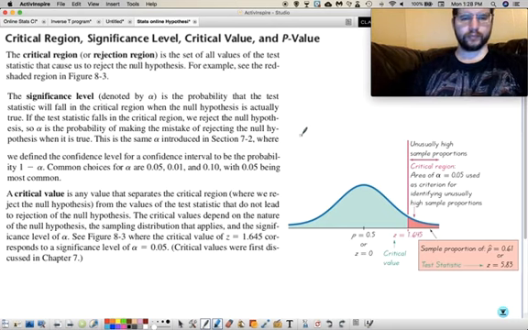The critical value is any value that separates the critical region from the rest of the values that don't lead to rejection. So right here, that's the borderline. That's your critical value. That's your z. You'd use an inverse norm if it's a z. You'd use an inverse t or the charts for either one of those. And for proportions, we do use z scores.